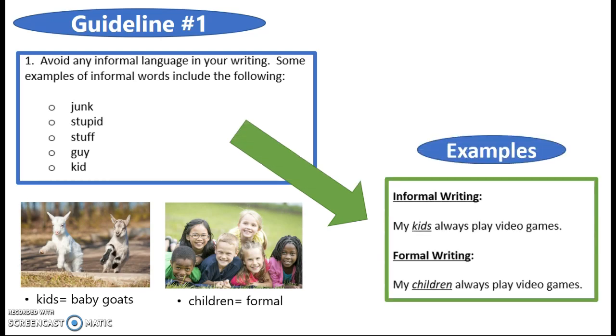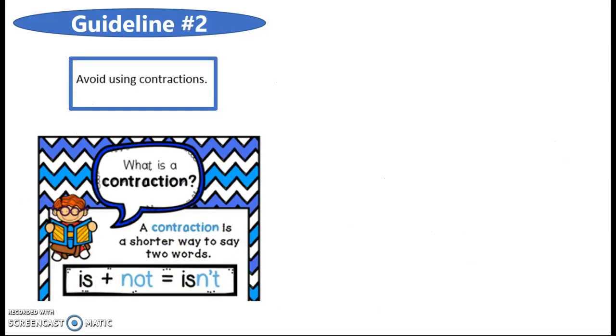So some examples of how to change your informal writing to formal writing is, if you need to, go look in a dictionary and see what the more formal term or synonym might be for the word that you're looking for.